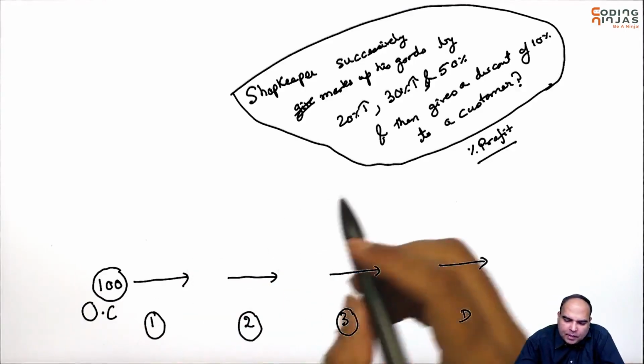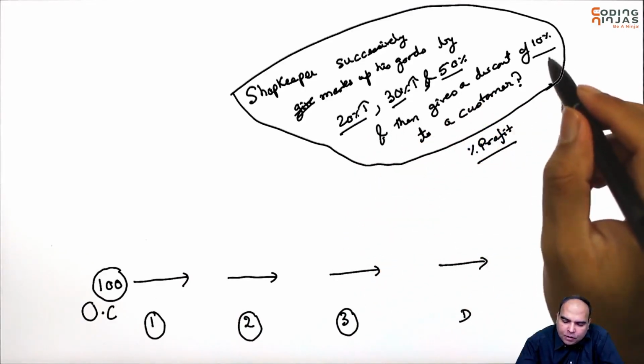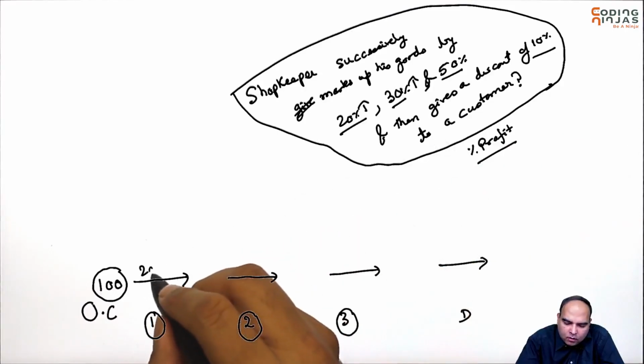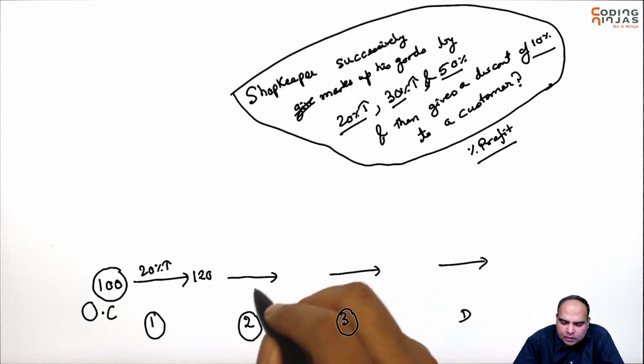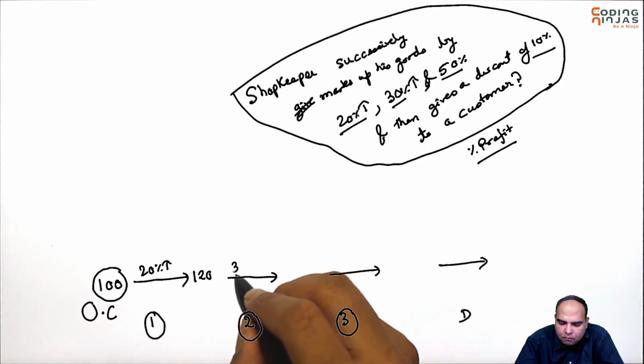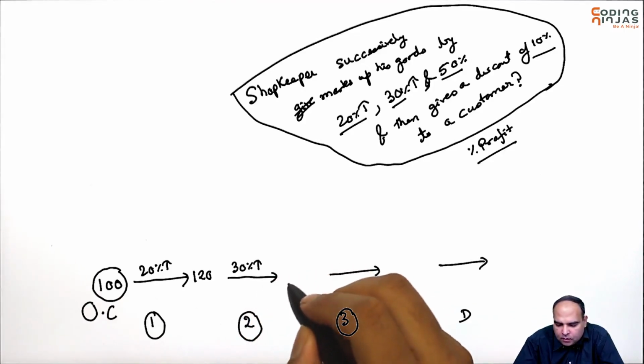So if I use 20, 30, 50 and 10% drop in that order, the price of the product that the shopkeeper is marking will keep increasing one after the other.